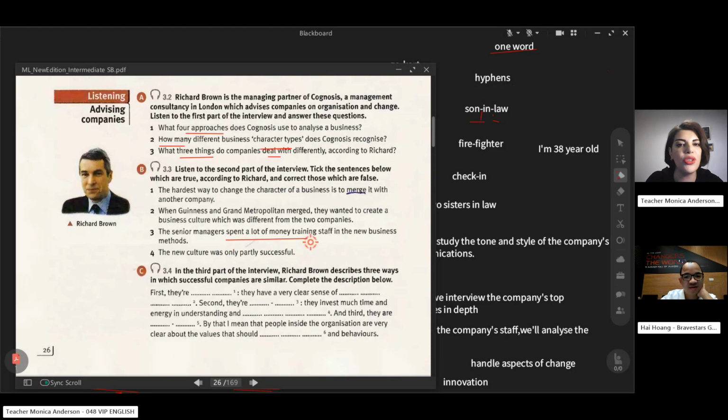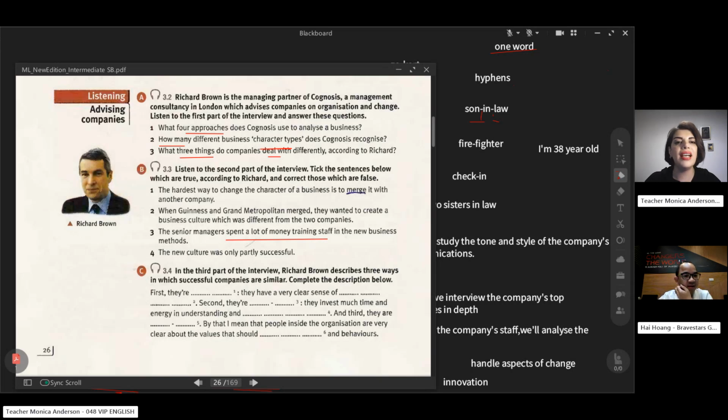Spending a lot of money training the staff means investment. But that is staff training, or manager does the training for staff.